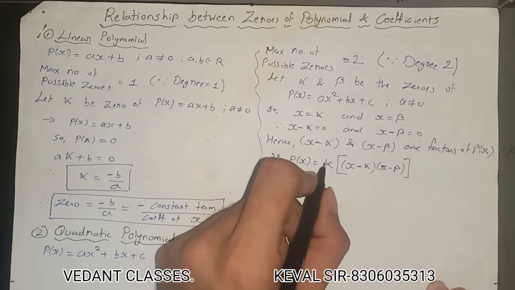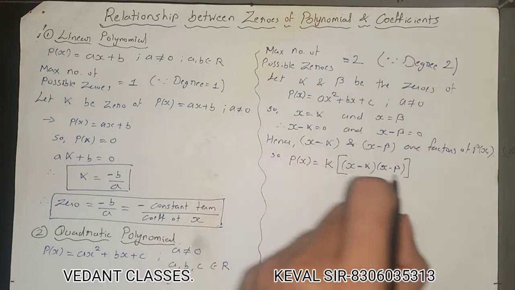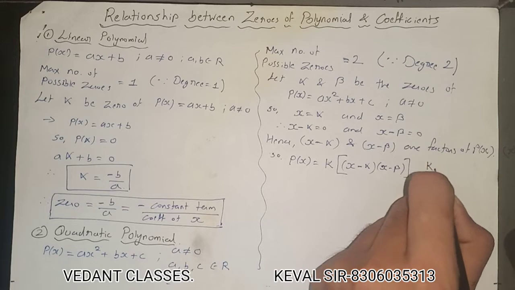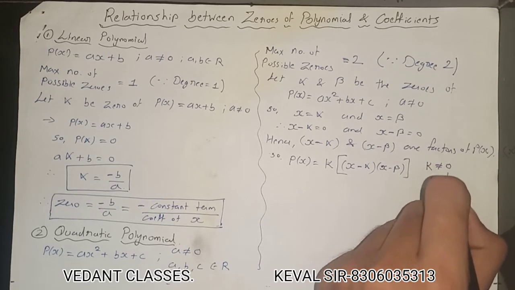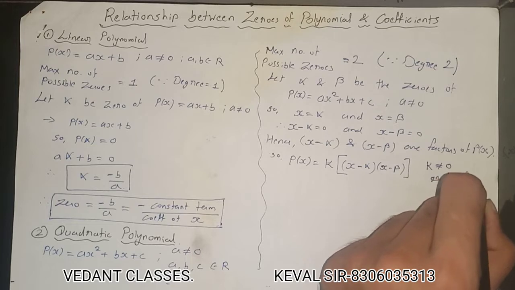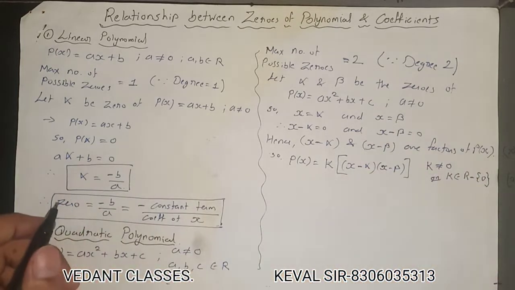Here k is any constant value that you can multiply with these factors. We don't know the actual value of k. k is not equal to 0, or you can say k belongs to the real numbers minus 0. k cannot be equal to 0, otherwise the polynomial will turn out to be 0.